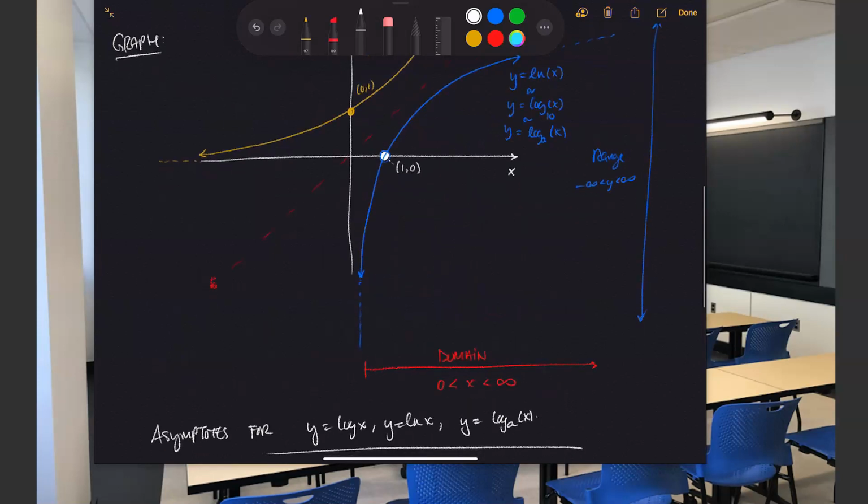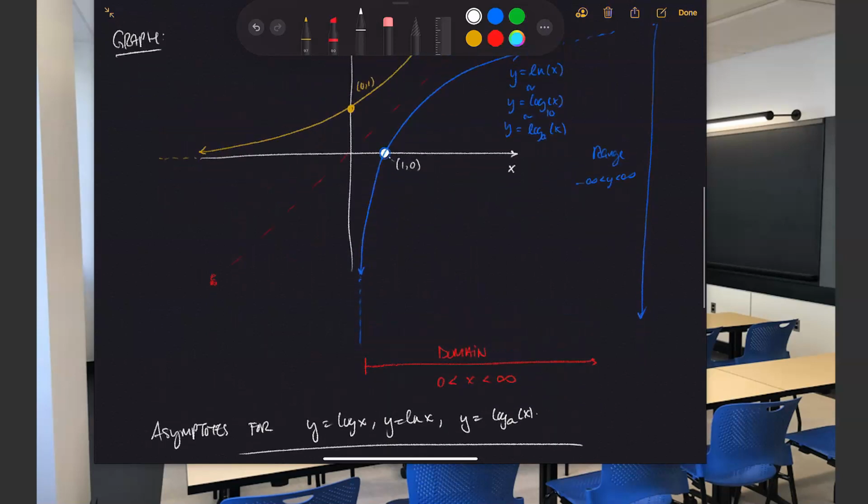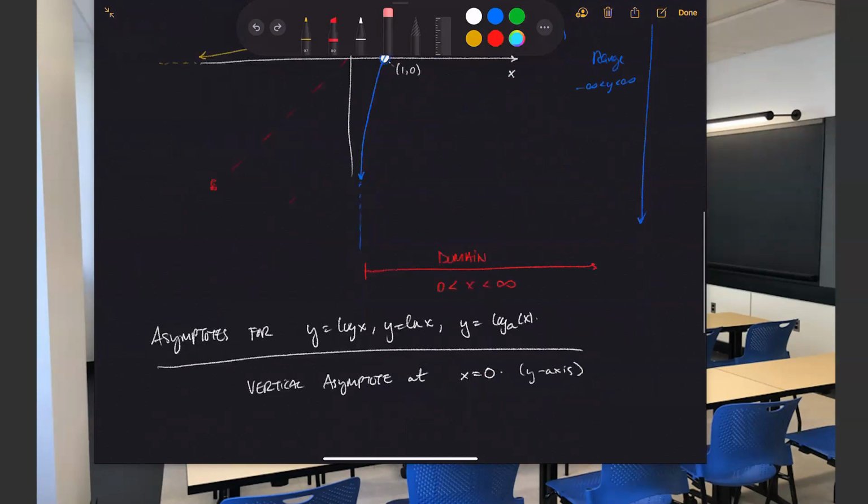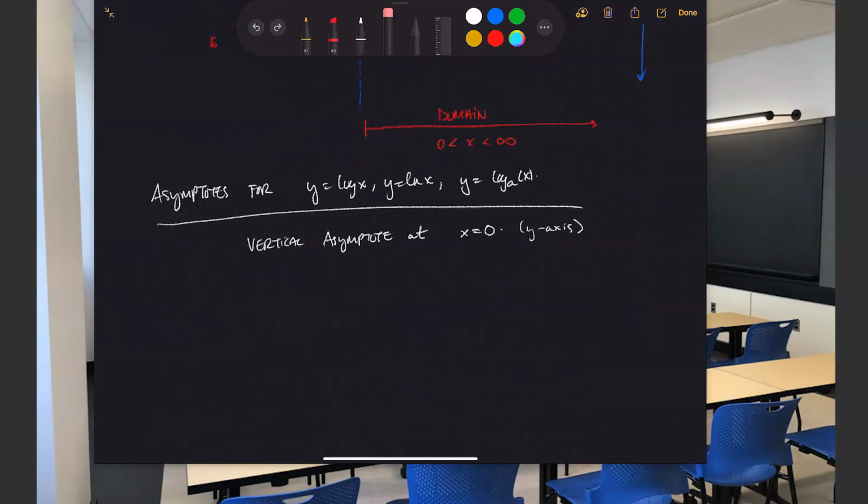All right, now this can be shifted when we get into shifting functions, but the base functions, right, or the vanilla functions, just like this, are set with a vertical asymptote of x equals 0. And again, it's because of that input issue we have. We can't raise anything to a power to get it to be 0, so then we can't have that logarithm of 0, since that power can never take it there. So we have vertical asymptote.